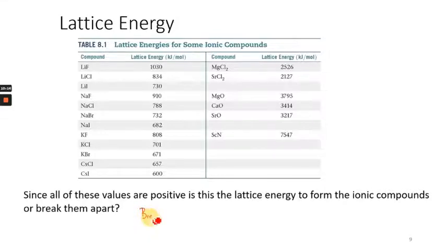So this is for breaking apart. So let's take this one up here, for example. So that is positive to break it apart. You have to put energy in to break it apart.